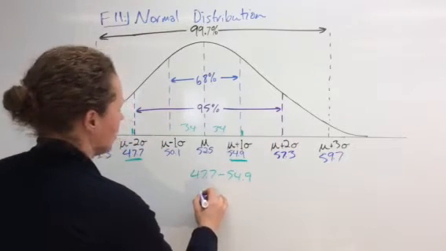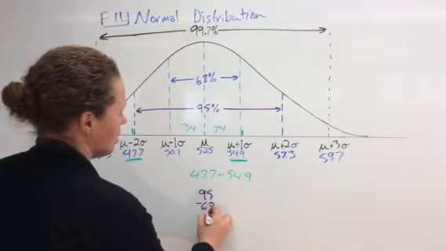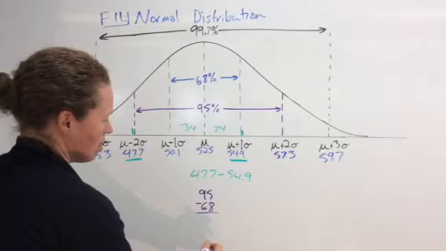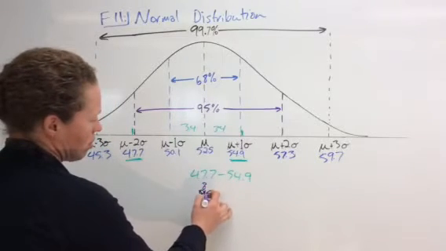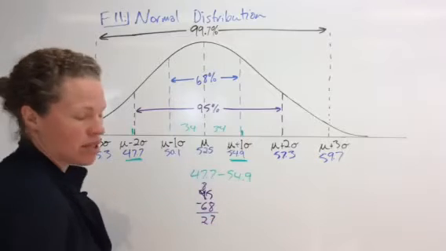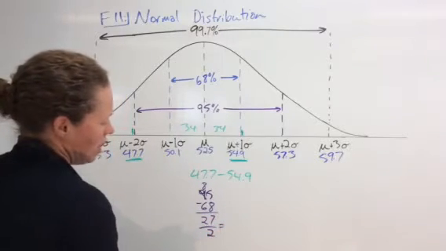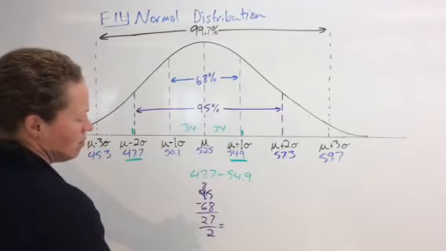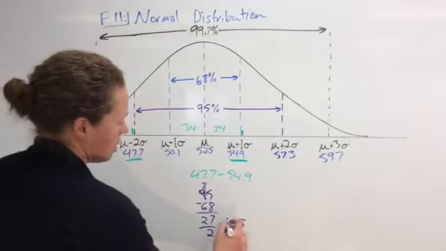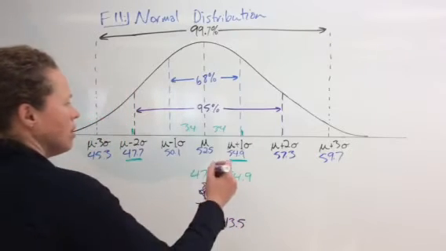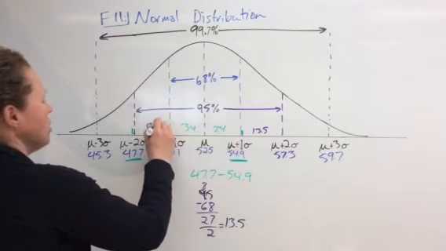Well, 95 minus 68 would leave me with 27. Cut 27 in half, and you get 13 and a half. So that means that each of these little wings is worth 13.5%.